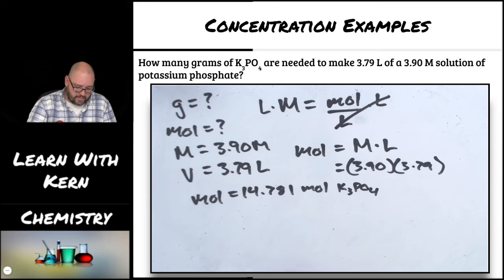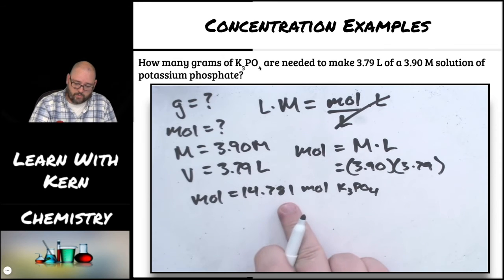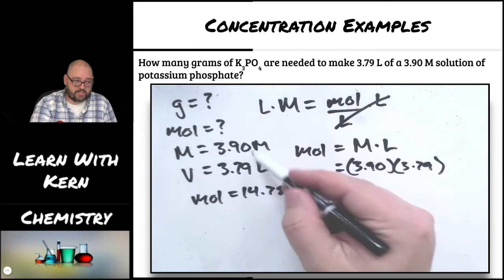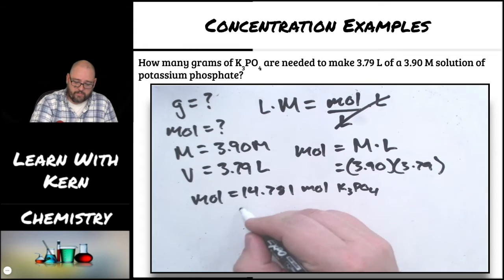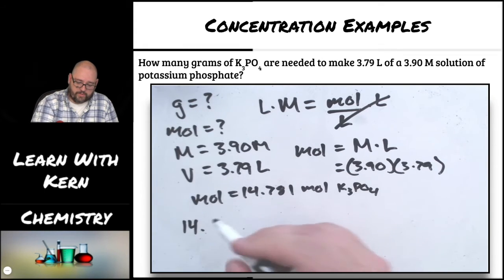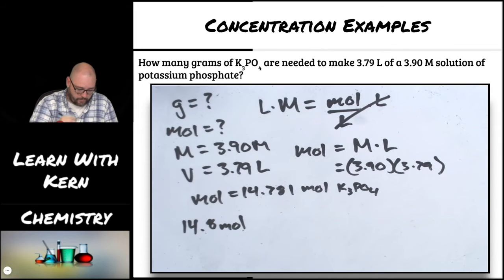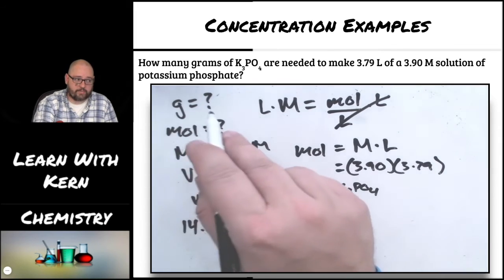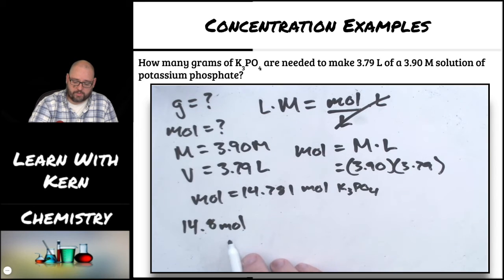Now, this 14.781, I need to round it to 3 significant figures, so that's going to give me 14.8 moles. Well, I want grams, so now I have to convert my moles to grams.